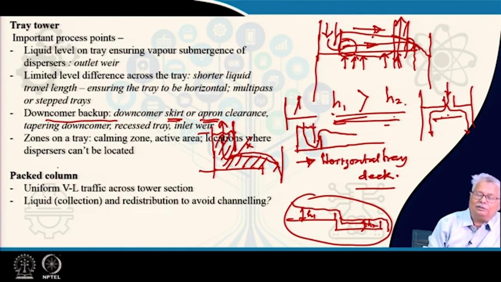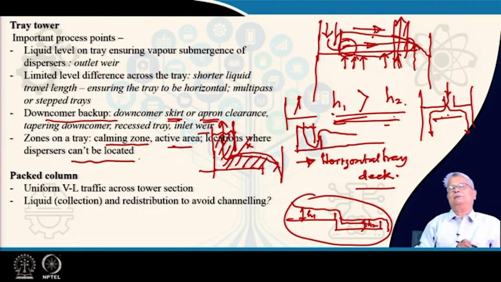We have talked about the tray construction in the last class. There we have mentioned the coming zone, the active area, and the locations where dispersers can be located. We will have a look at that once more. The operating parameter in case of a packed column is that we would always like to have a uniform vapor liquid traffic across the tower section.